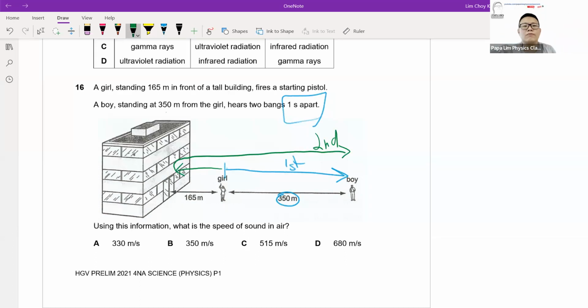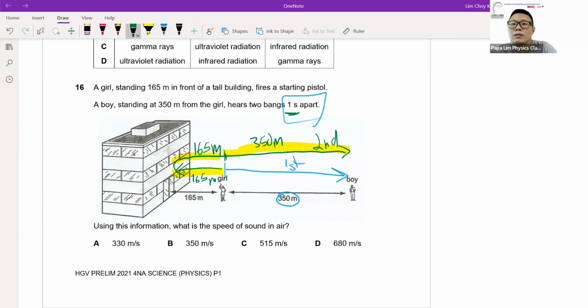So between the first sound and second sound, you'll find that the wave actually travels an extra distance of 165, another 165, thereafter another 350. To travel this 165, this 165, and this 350, it will literally take 1 second.